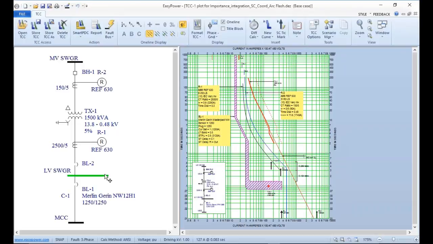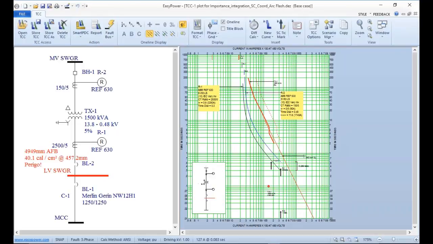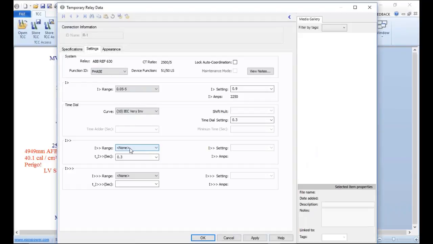So if I double click here, and ask to calculate the energy, I set another element here with a definite time.